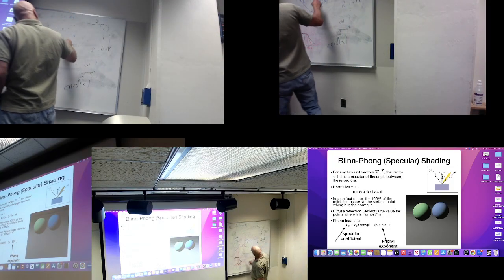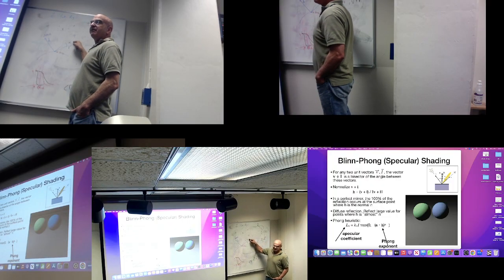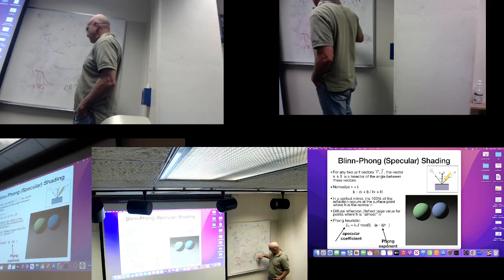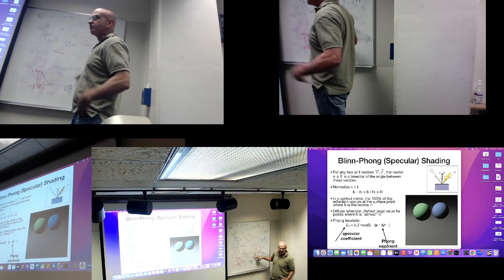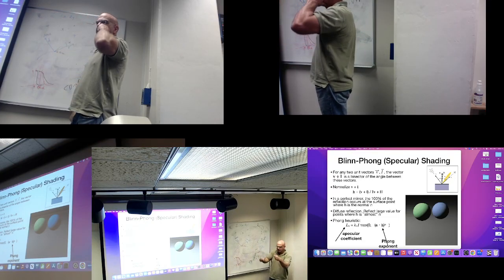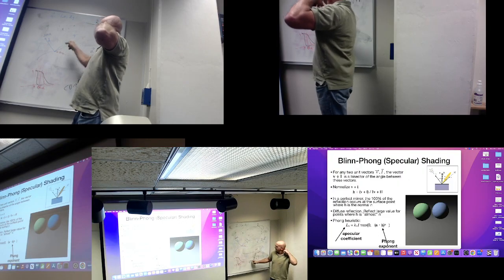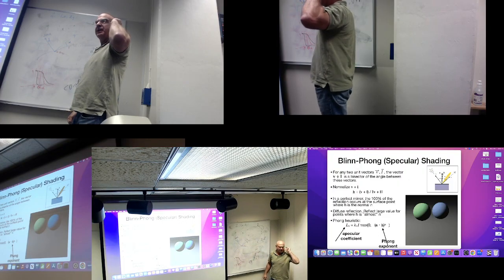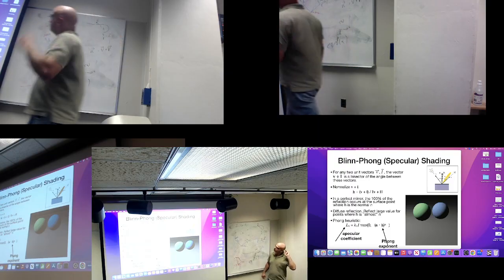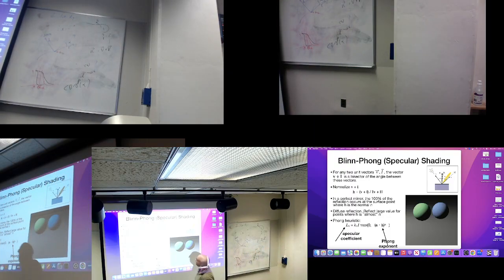Okay, so we have this alpha that we can calculate, and once we have alpha, we have the cosine to the power of p. P is decided by how large or small we want the coefficient to be, except that we said that we hate calculating angles exactly. So Bui Tuong Phong came up with a hack. I'm not going to tell you that it's exactly the same thing, but it looks good enough.